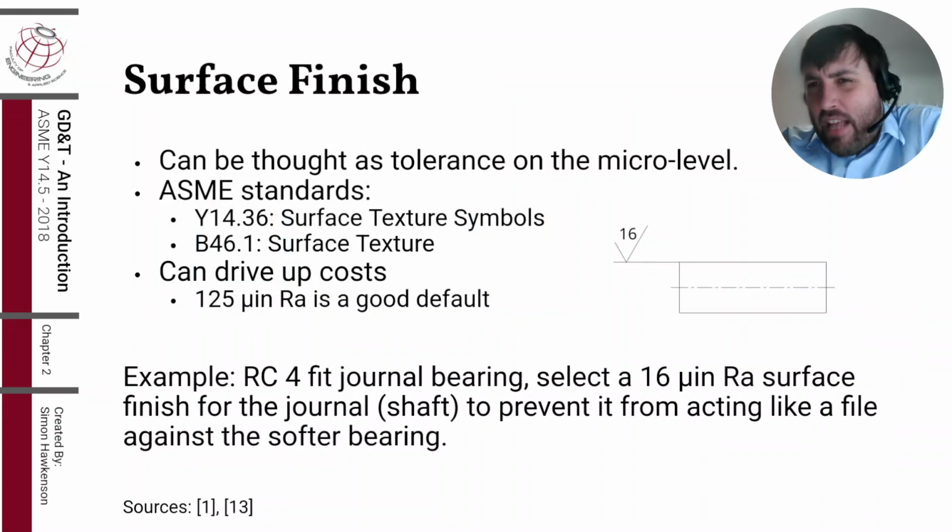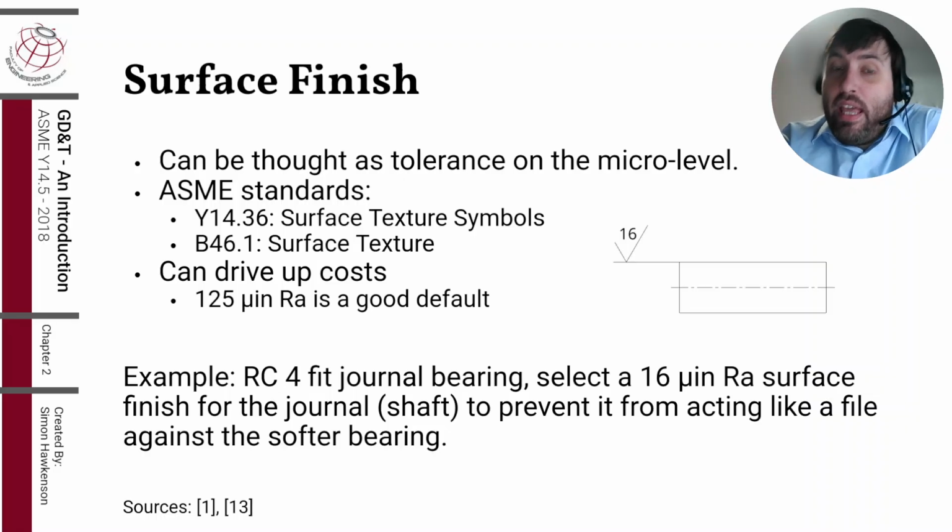So, the very last thing I want to talk about is surface finish. I won't go too deep into surface finish, but you can think about it as being very similar to the tolerance on a micro level. Generally, in North America, it's controlled by ASME standards, both the Y14.36 and the B46.1 standards, which go hand in hand.